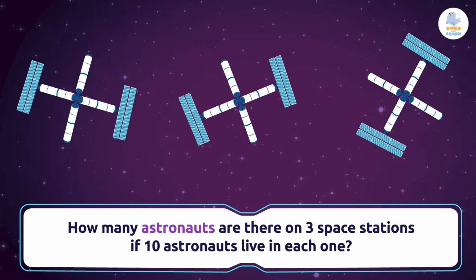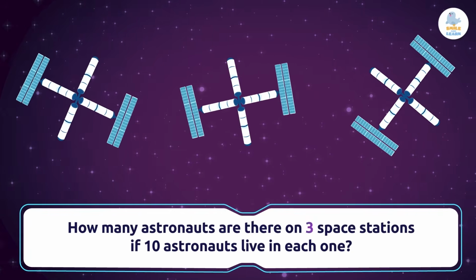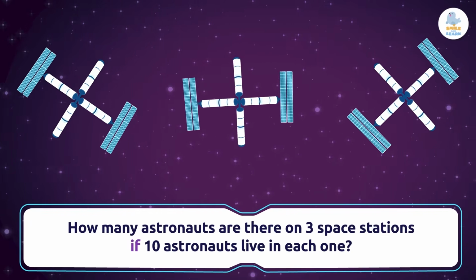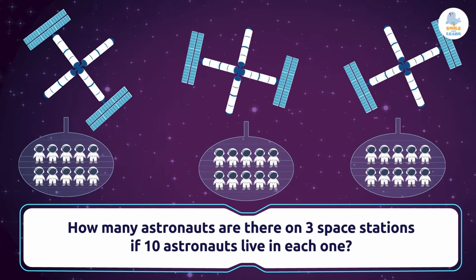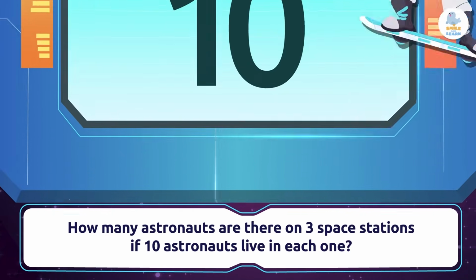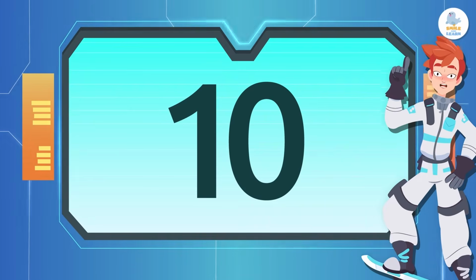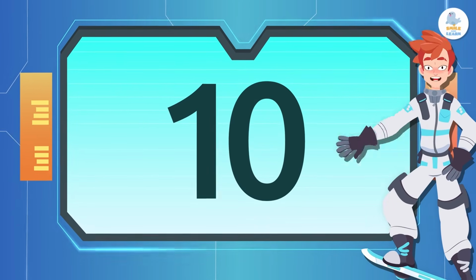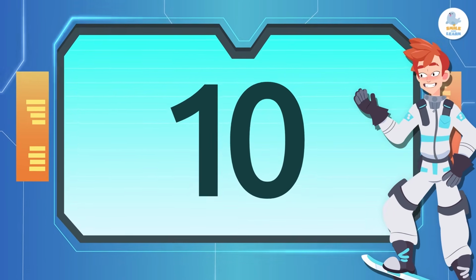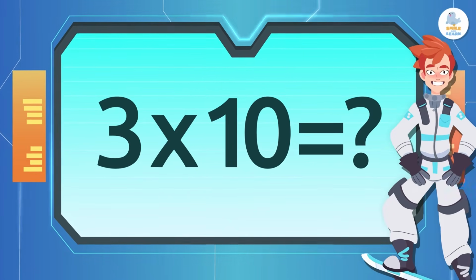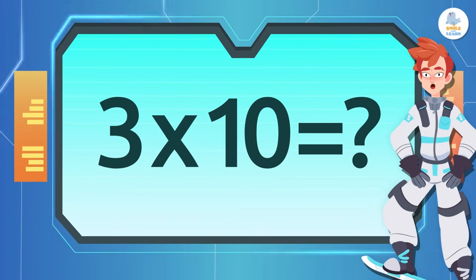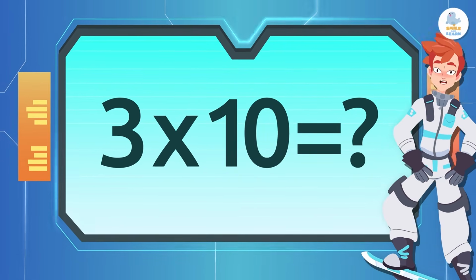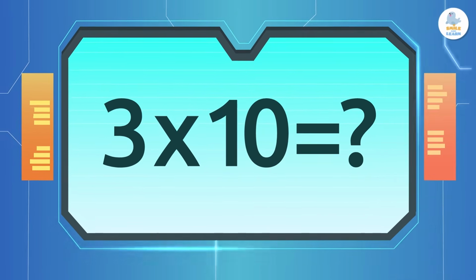How many astronauts are there on 3 space stations if 10 astronauts live in each one? Let's start by learning the trick to multiply any number by 10. As you can see, we have to multiply 3 times 10 to find out how many astronauts there are in the space stations.